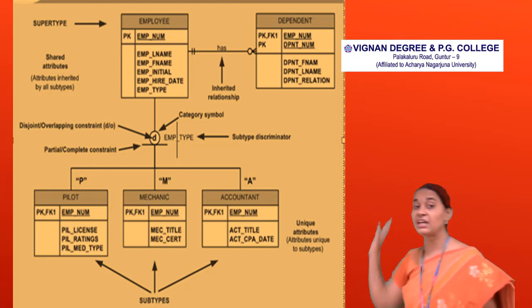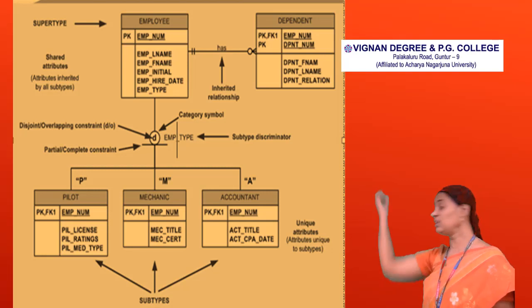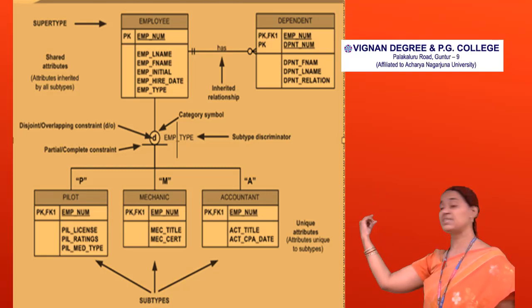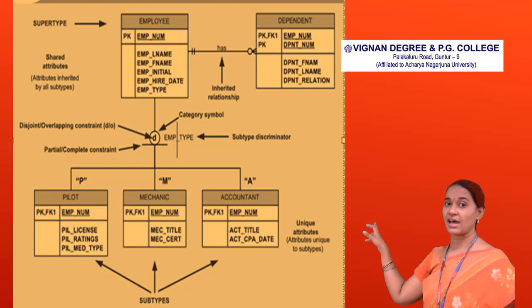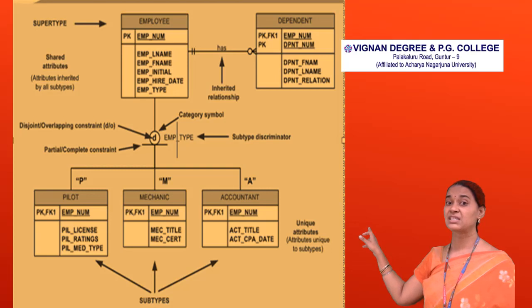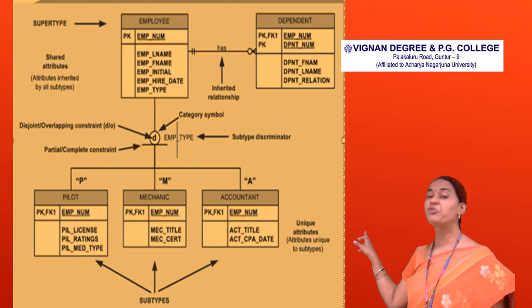In order to inherit the properties, between these two, as you see, we have placed a circle, and inside the circle I have placed the letter D, which is called a subtype discriminator. Discriminating means differentiating.